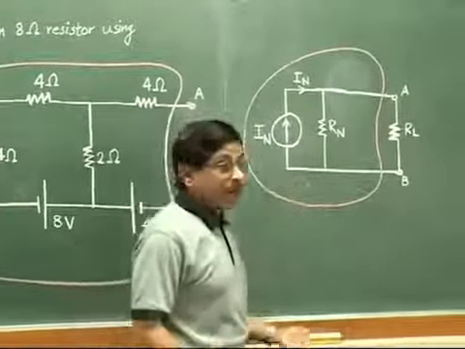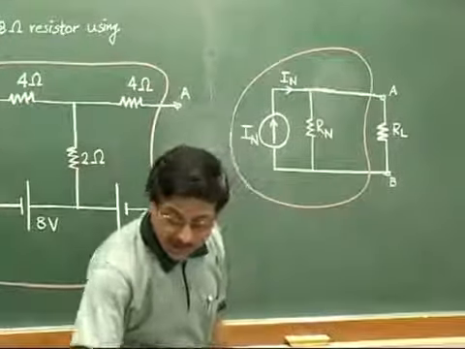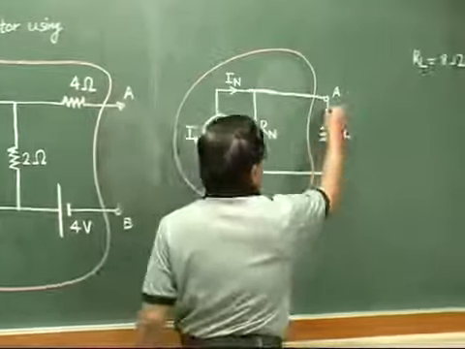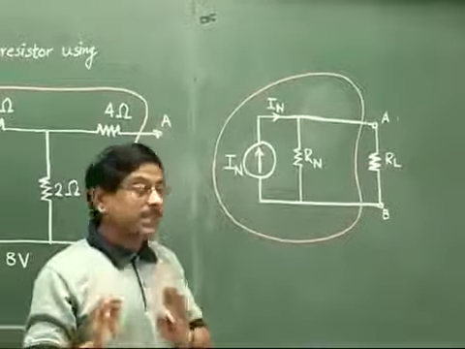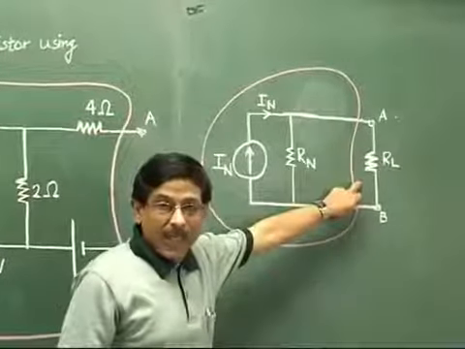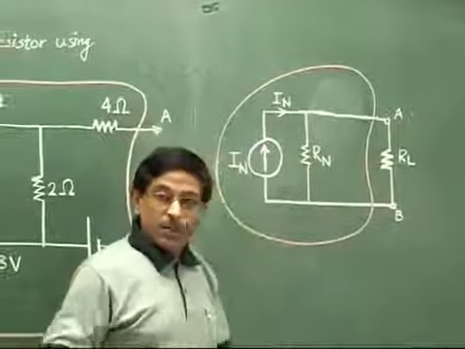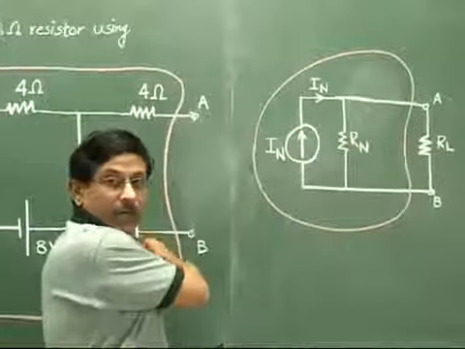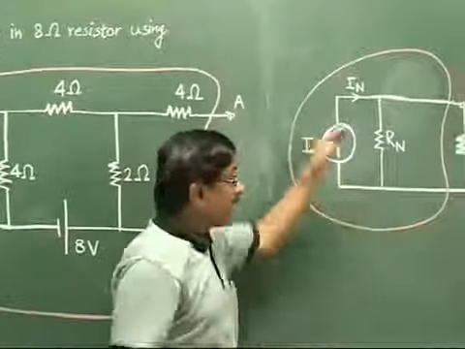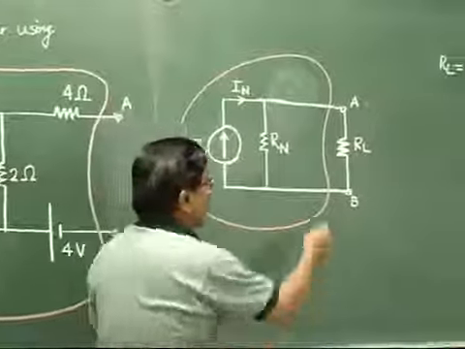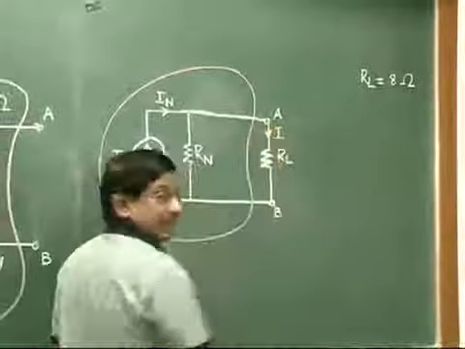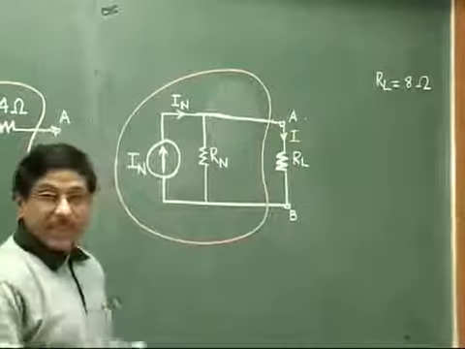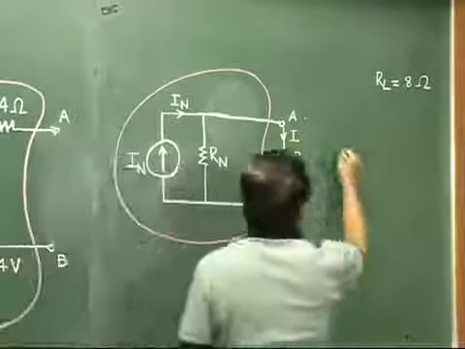The simple formula would be, if we denote this current as I, because what is our final aim? Our final aim is to calculate the current flowing through this RL in the given circuit. So what we have done is we have converted the given circuit into an equivalent one like this, and if we say that the current in the load resistor is some current I, then we can simply write this I as what?